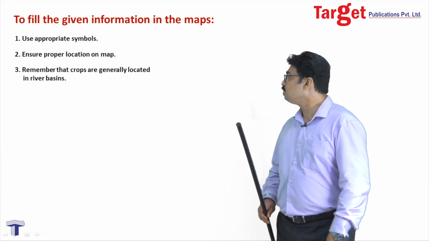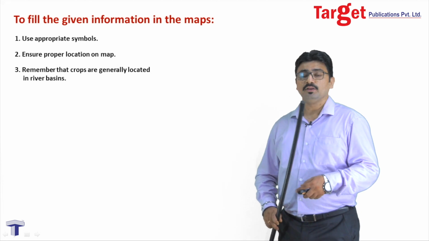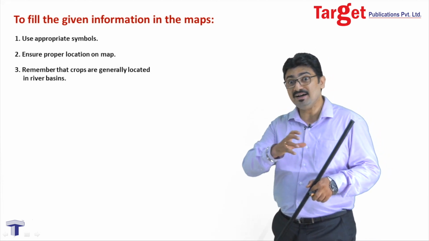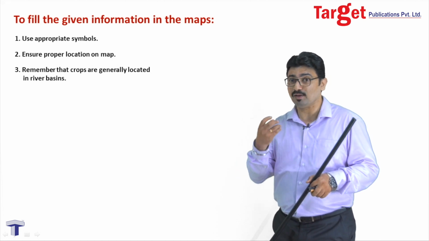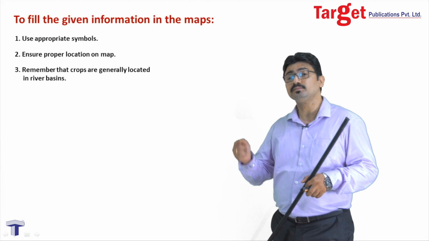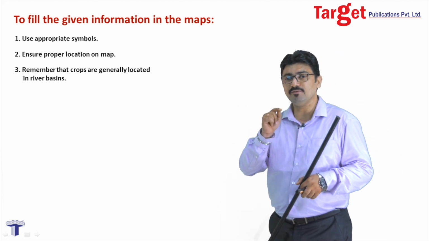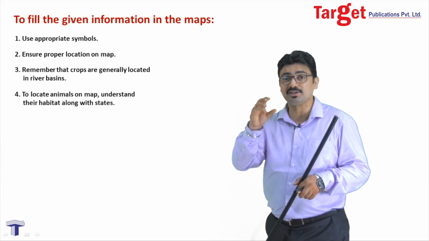The next important point is how to locate crops. Now friends, we all know that crops or cultivation occurs more in a river basin where the soil is fertile, where the conditions are more favorable for cultivation. So crops can be located easily if you generally know what climate they require and which is the nearest river basin.